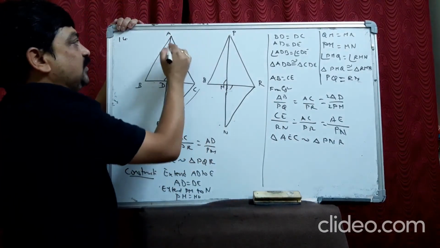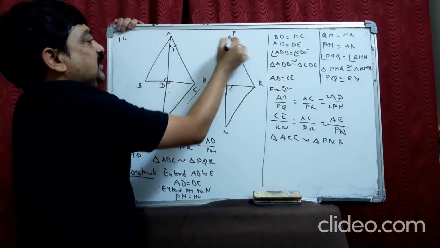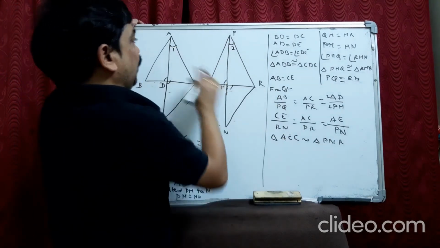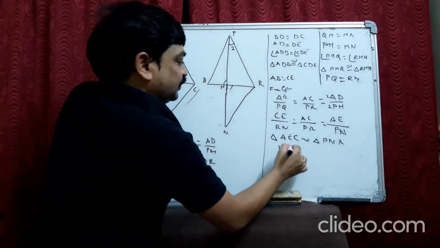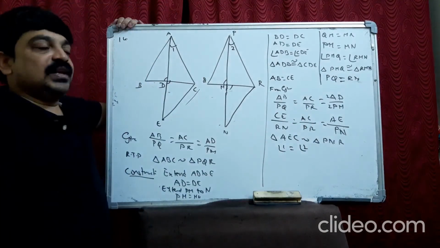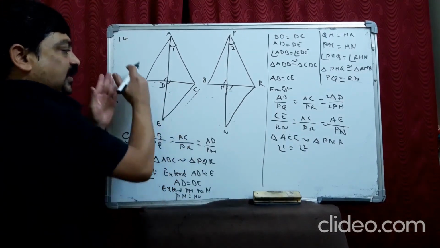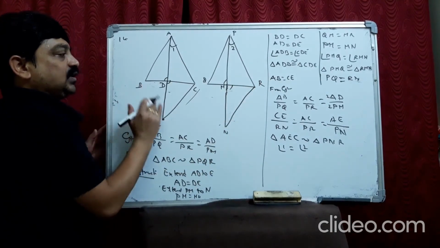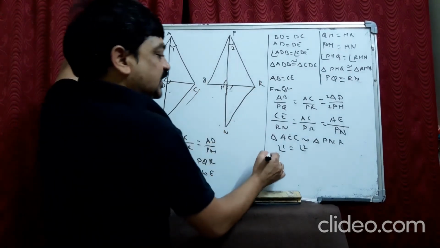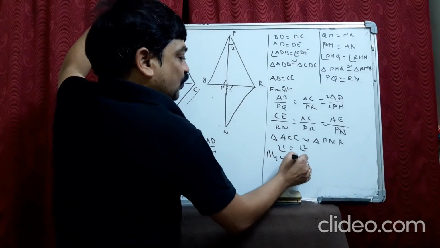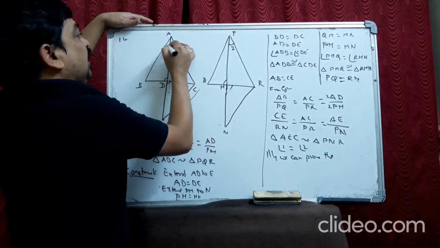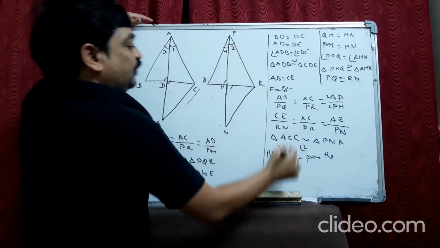When two triangles are similar, the corresponding angles are equal. Angle 1 is equal to angle 2. Similarly, if I join these two, we can prove that angle 3 is equal to angle 4.